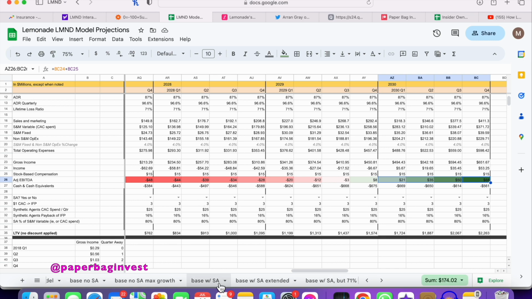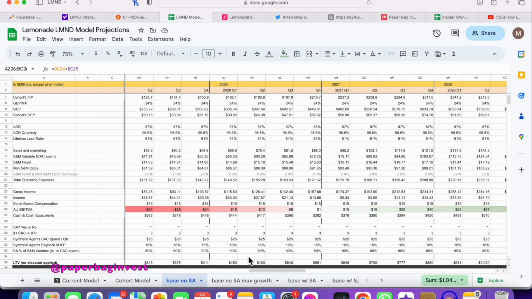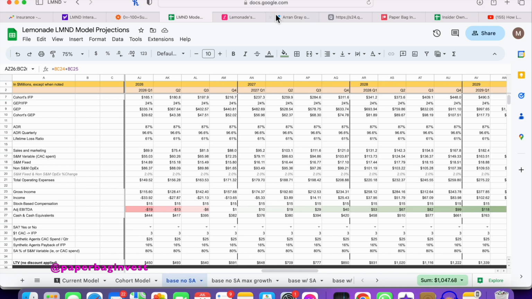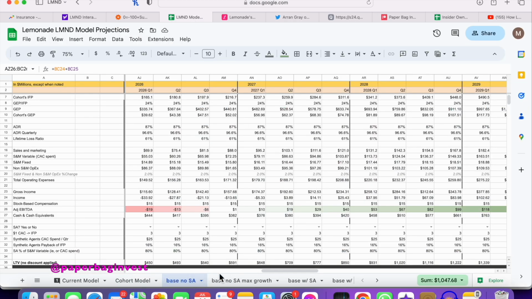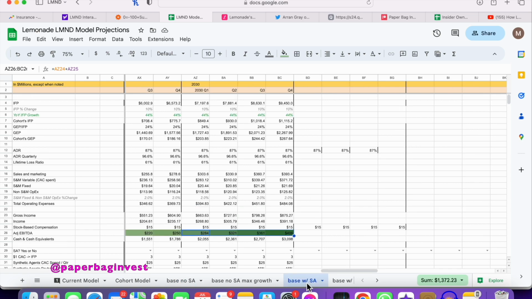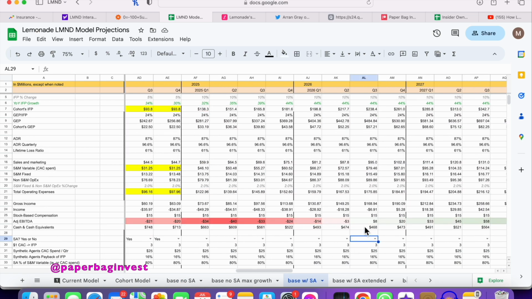My guess is something along these lines is probably the reality, or at least would be my prediction of what may happen. It's encouraging because this base case follows this slide from Investor Day quite closely in the values that come out. But if you tag on top of that the synthetic agents that have now been announced, then we're getting to profitability more like mid 2026.